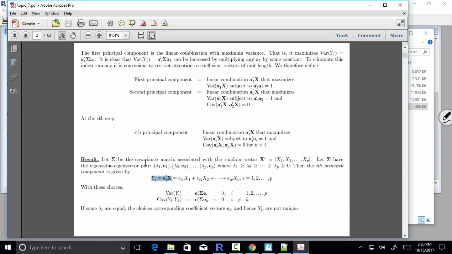The best way to take your p variables and cram them down to one variable, in terms of preserving information content, is to use the coefficients of the first eigenvector for a linear combination.